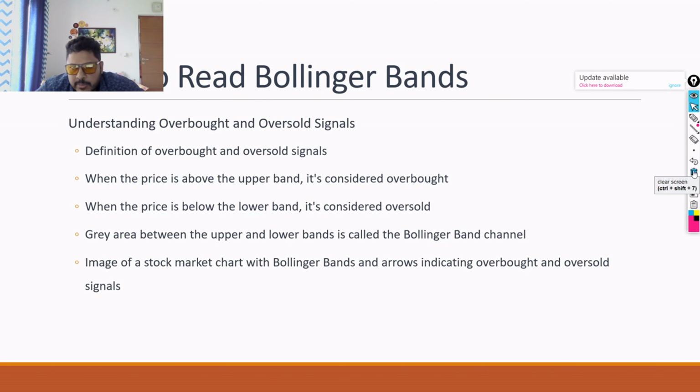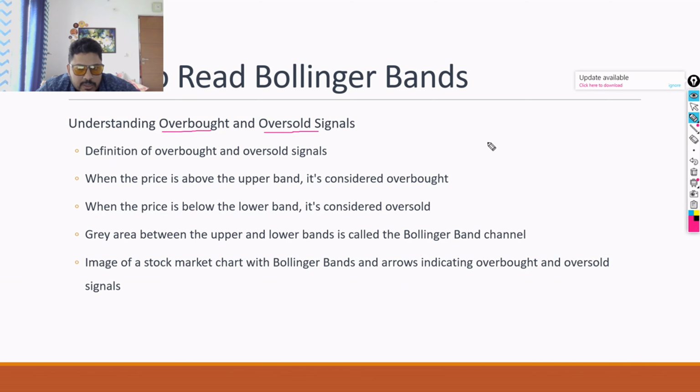Why were Bollinger Bands invented? They give you a condition called oversold or overbought in the market. As a simple example, whenever you buy a particular stock, it suddenly starts to go down, and whenever you're not buying, it is going up.